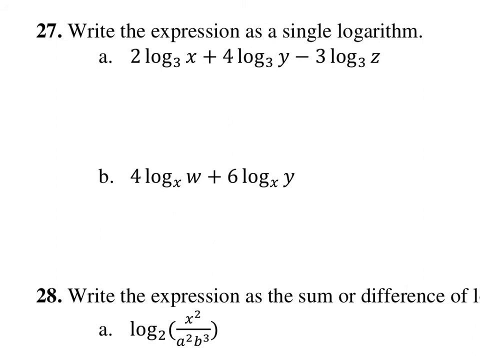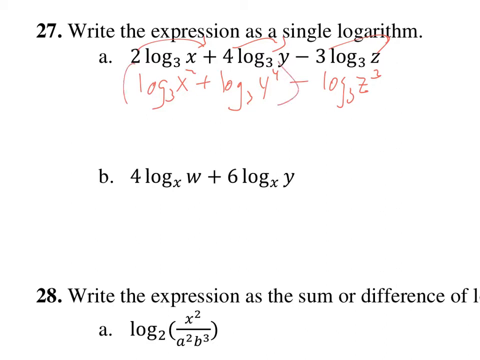I want to put these together as a single logarithm, so we're going to put this up top. When we first get those exponents up, log base 3 of x squared plus, put the 4 up top there, log base 3 of y to the 4th minus log base 3 of z cubed. Now we can put these two together. This is going to be the same as multiplication.